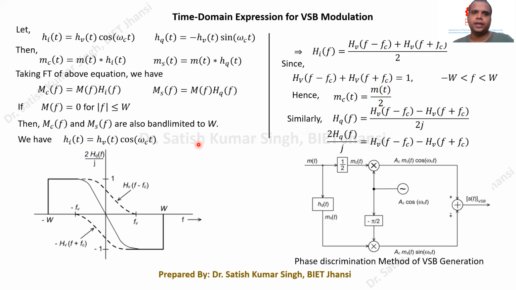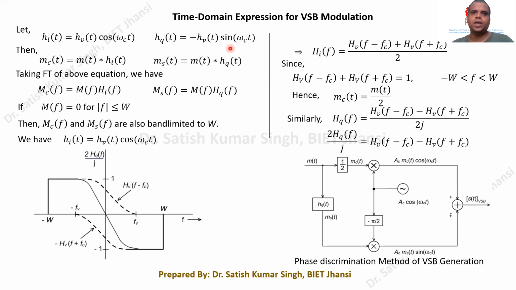Similarly, we can take the equation we have already defined, M_s(f) equals M(f) H_Q(f). Again we take the equation h_Q(t) equals minus h_ν(t) sin(ω_c t) and calculate its Fourier transform.